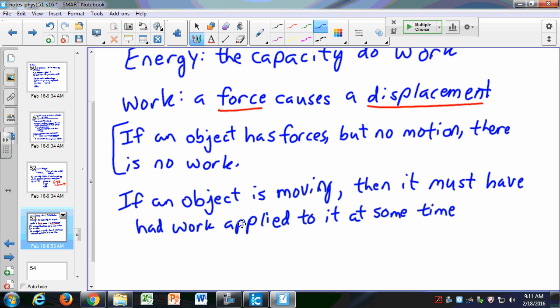Remember Newton's first law: there is no net force on an object moving at constant speed.